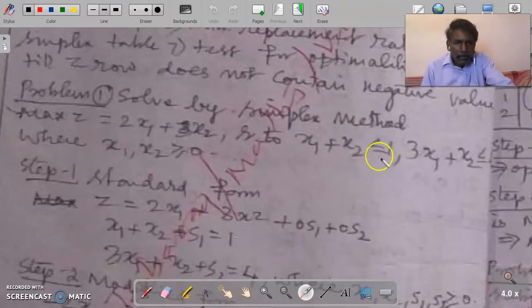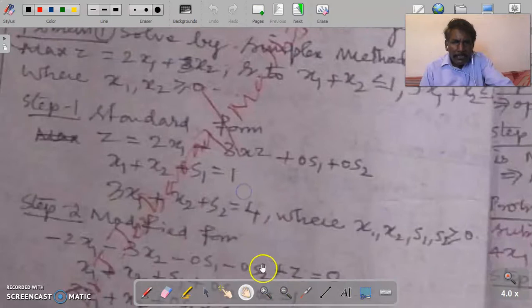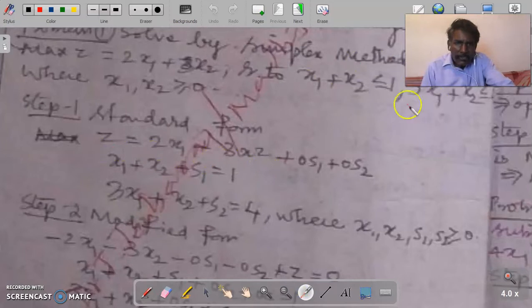Therefore, we have to add a slack variable with these constraints. Similarly, here less than or equal to comes, then another slack variable we have to add. Hereby we are getting these equations. When we add two slack variables, with the first constraint we are getting this, and with the second constraint we are getting this. This is the first step in the simplex algorithm.